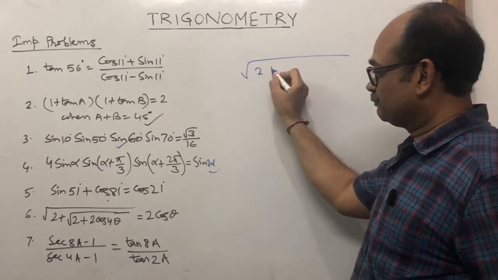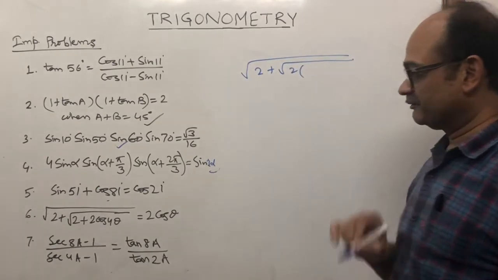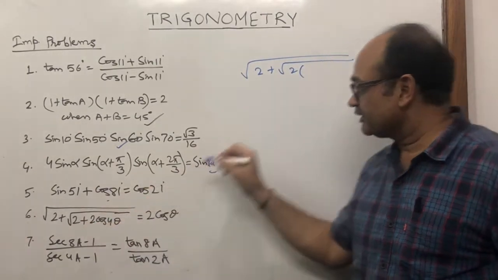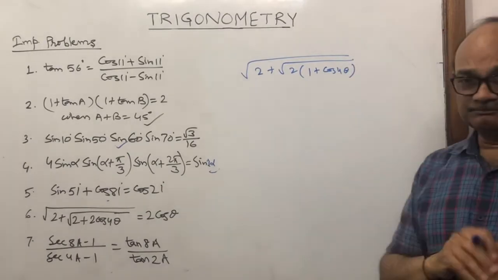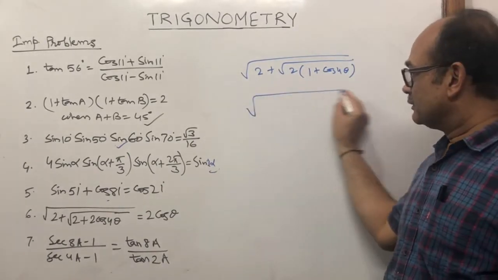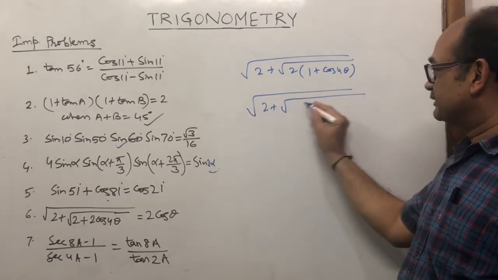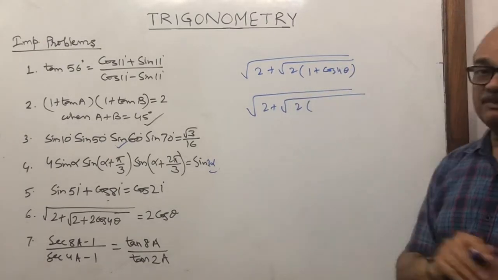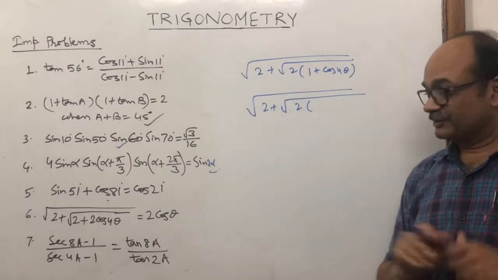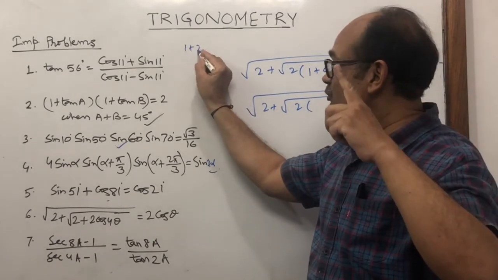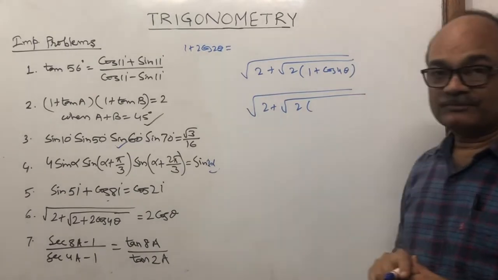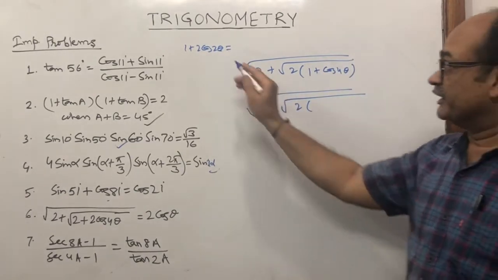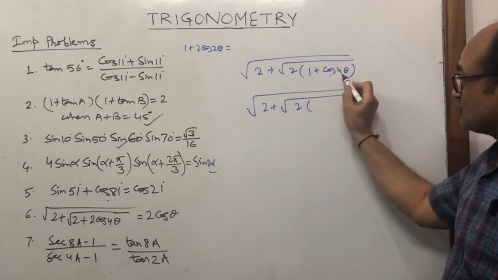Under root, 2 plus 2 is common. If we take 2 common, inside it is 1 plus cos 4 theta. Done? What is the formula of 1 plus cos 2 theta? Remember, if it is 1 plus cos 2 theta, here it is 1 plus cos 4 theta.